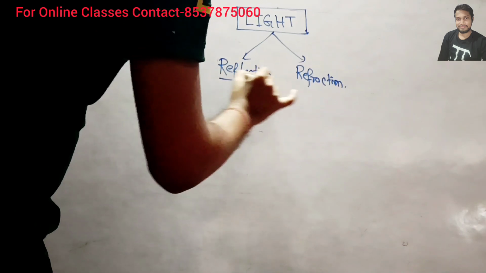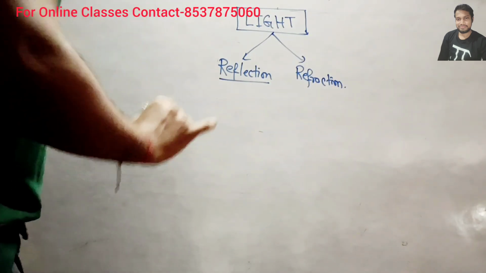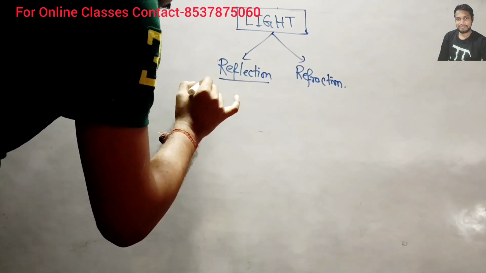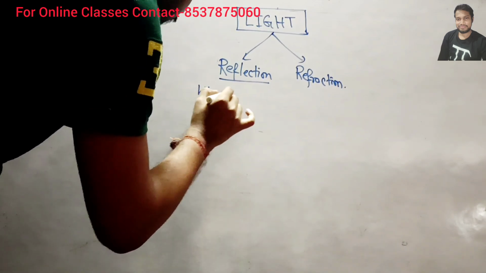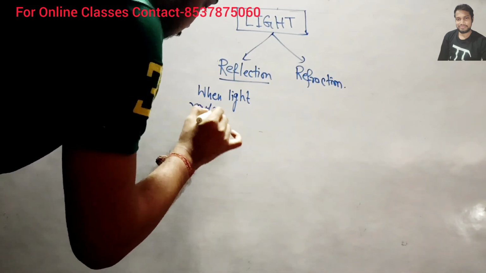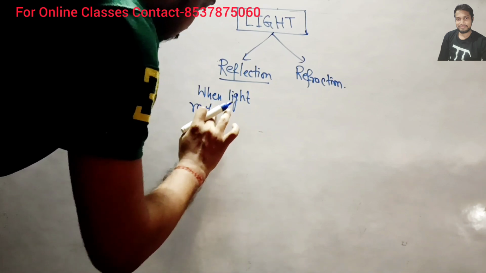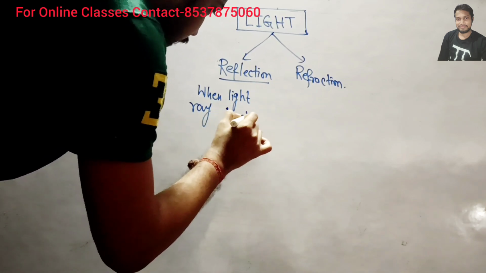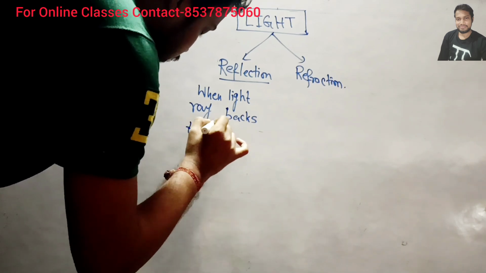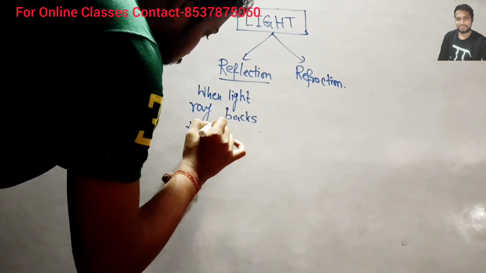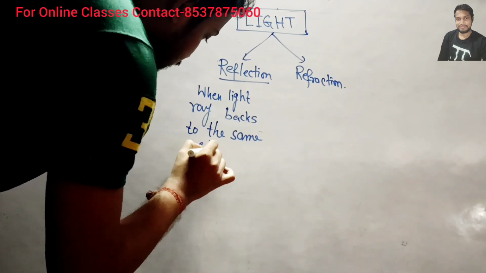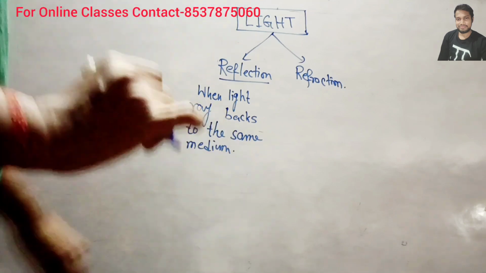Reflection is basically the bending back of a light ray. When a light ray comes back to the same medium, we can say reflection happens.